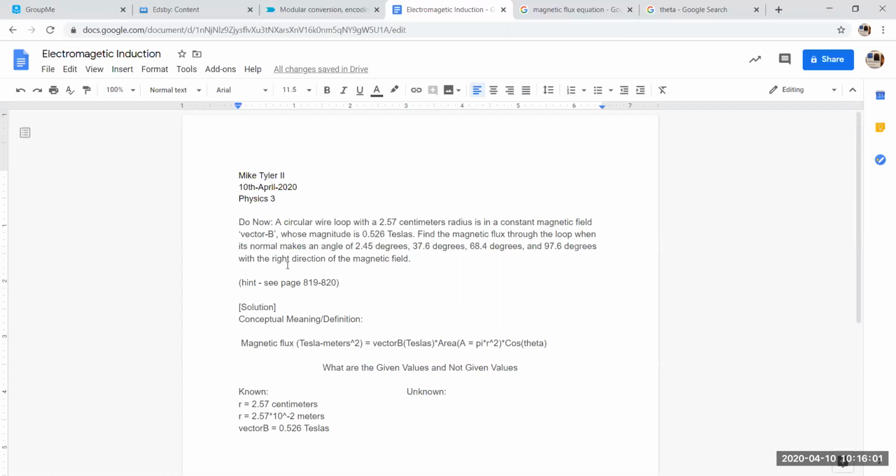Okay, getting halfway there with the known values. So we got a few angles. Each one of those, as I said before, we will consider to be called theta. So theta 1 is equivalent to 2.45 degrees.